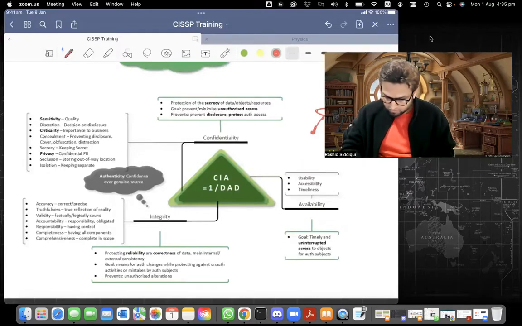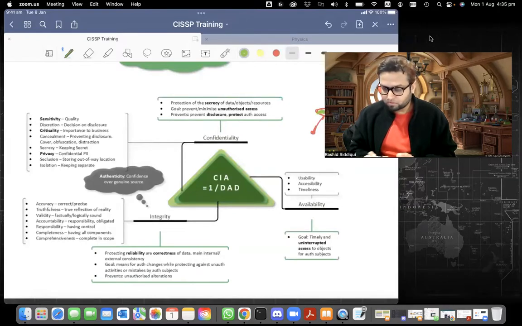And in information security, the length of these legs can vary. Basically, it depends on the type of solution we are after. So for certain business departments or for certain solutions, confidentiality will be of very high importance, and we can compromise on availability.